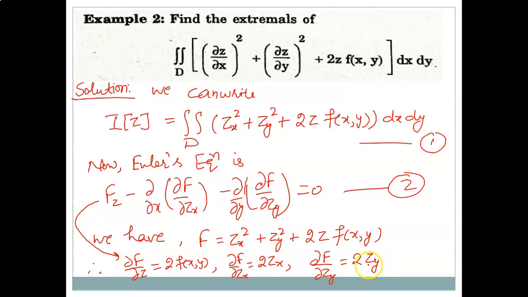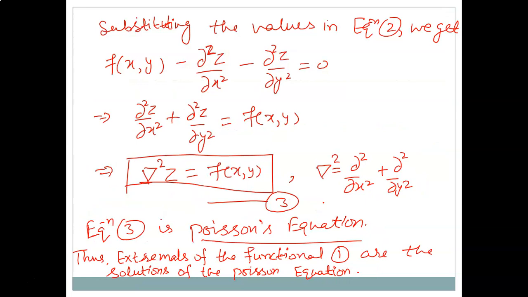Now what we do? We have to substitute all these values in equation 2. So after substitution, we get this form. And after simplification, we can write in this form. And this type of equation is called a Poisson equation. So as in the case of the first example, you can say that the extremals of the functional 1 are the solutions of the Poisson equation.